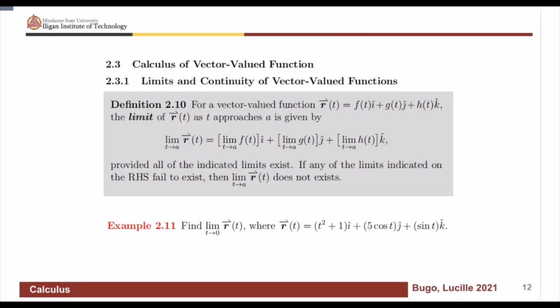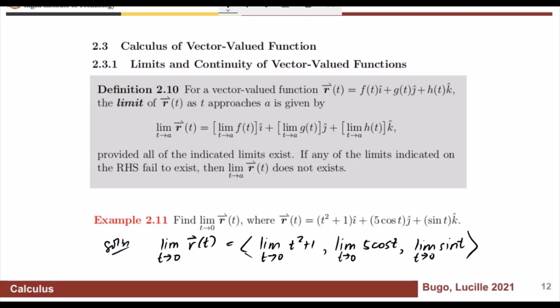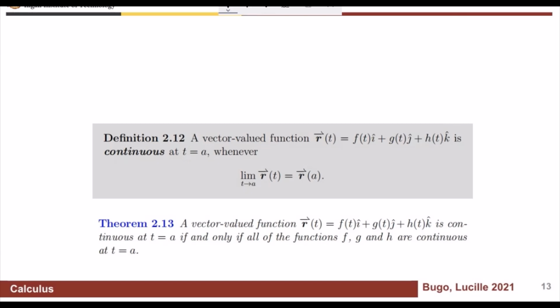So for example 2.11, the limit of r of t in this case would be the limit of t squared plus 1 as t approaches 0, the limit of 5 cosine t as t approaches 0, and the limit of sine t as t approaches 0. We just substitute.